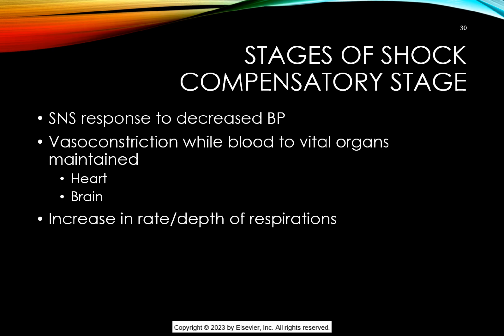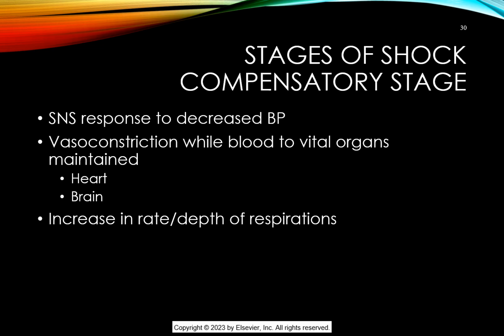So in our compensatory stage, we have the SNS response to our decreased blood pressure. So we're going to see the vasoconstriction while we maintain blood flow to the vital organs, so mostly our heart and our brain.